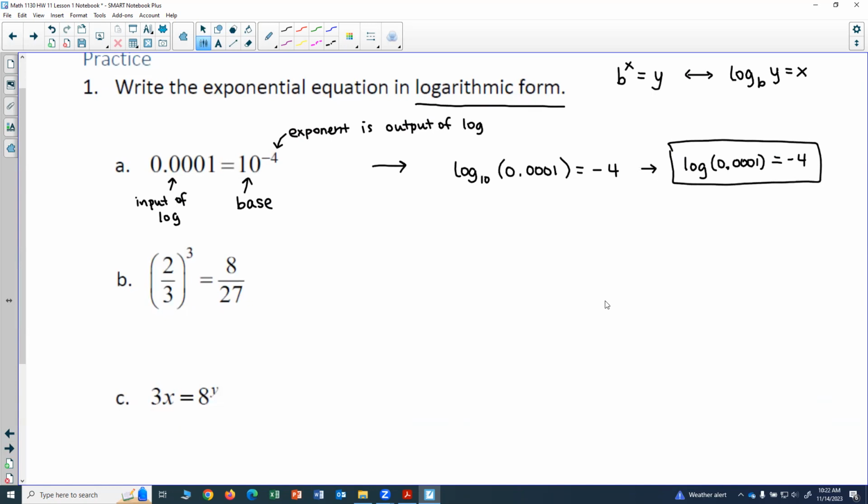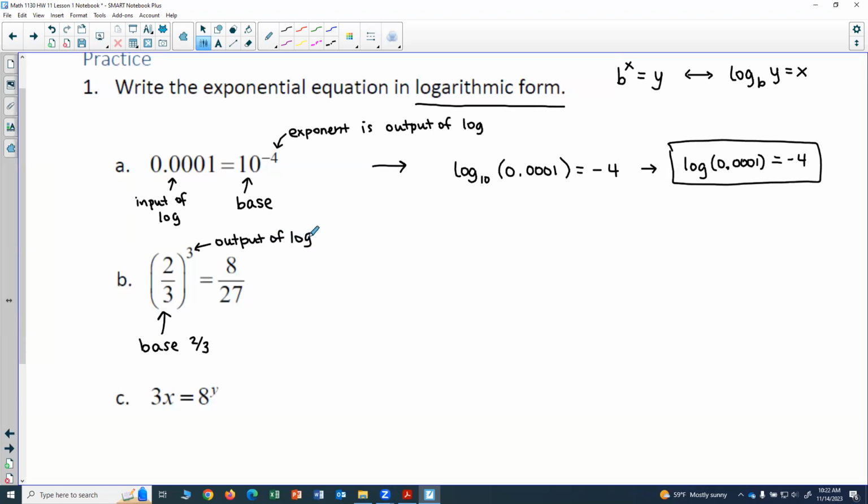All right, let's do another practice. What you want to do is always identify your base, which is the number being raised to an exponent. We have a base of 2/3. The exponent is going to become the output of the log equation.